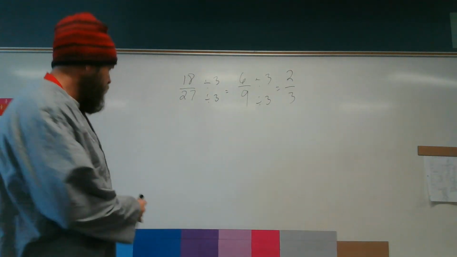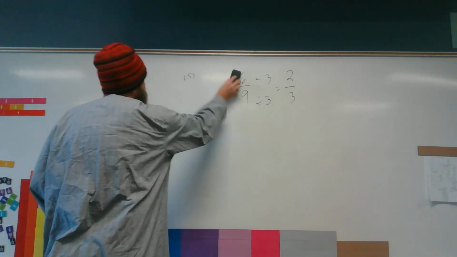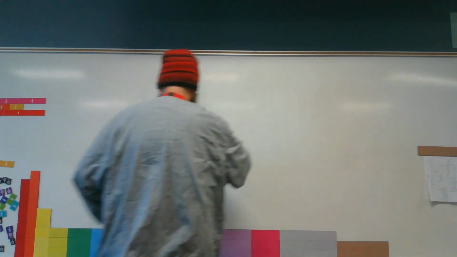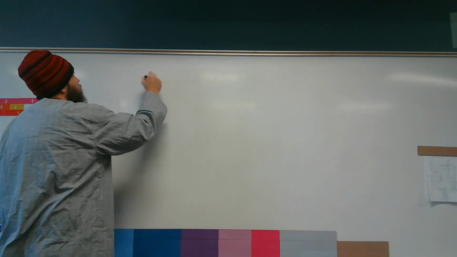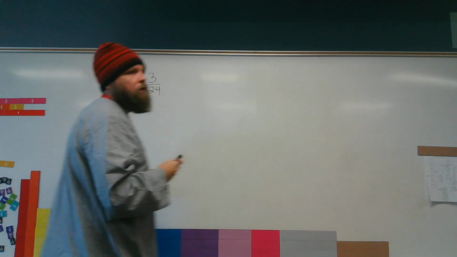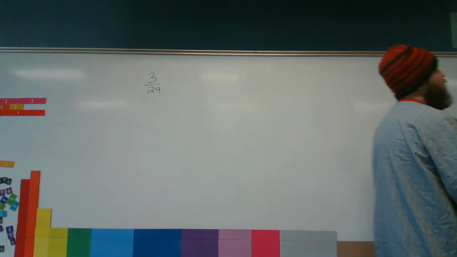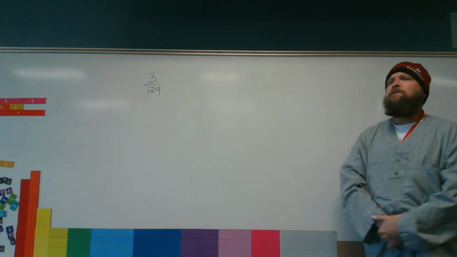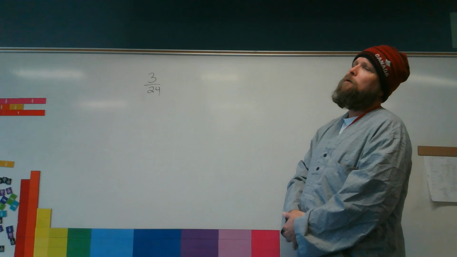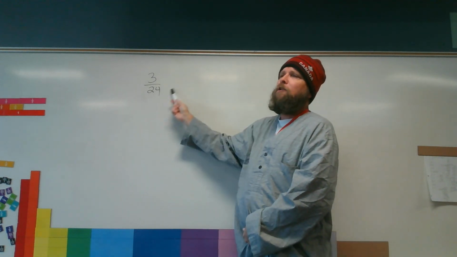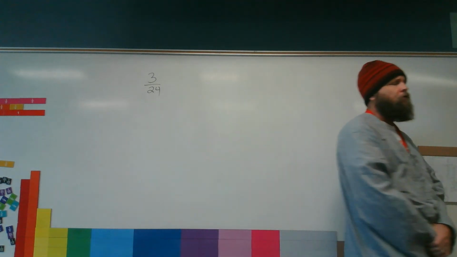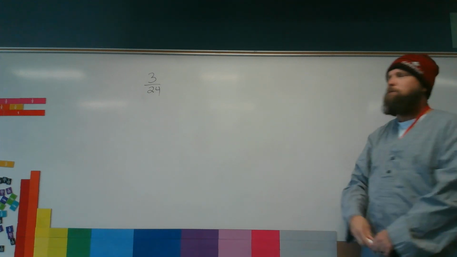We had 3/24. Lots of questions on this one. Another way you can look at this is we can look at our numerator and ask ourselves, does my numerator go into my denominator? Does 3 go into 24? Yes, it does.